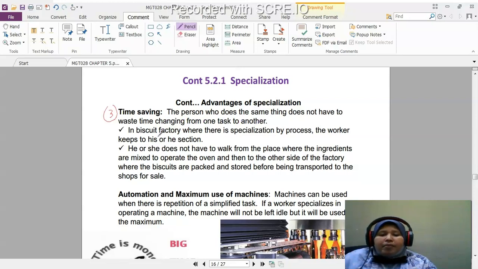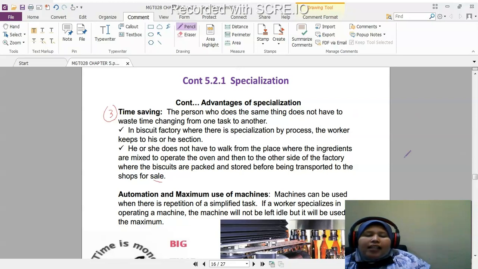So boleh menyebabkan dia jimat masa. In this factory, where there is specialization by process, the worker keeps to his or her section. He or she does not have to walk from the place where the ingredients are mixed to operate the oven and then to the other side of the factory where the biscuits are packed and stored before being transported to the shop for sale.